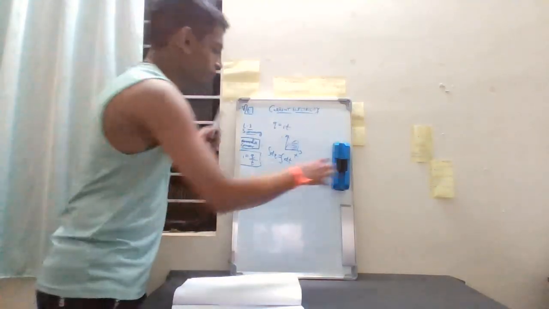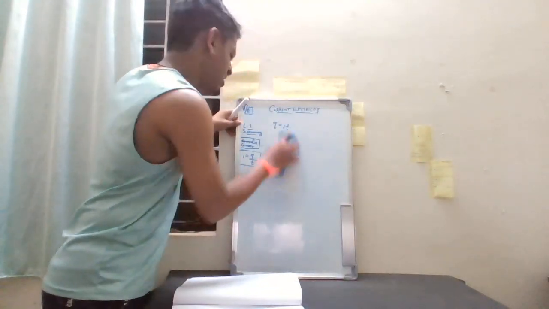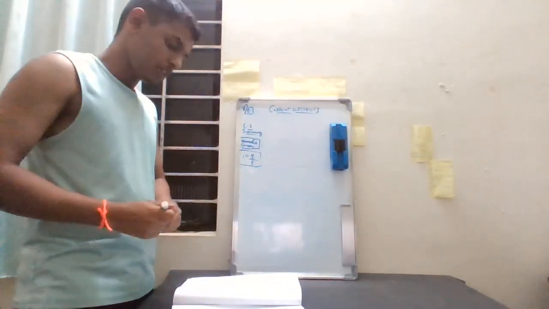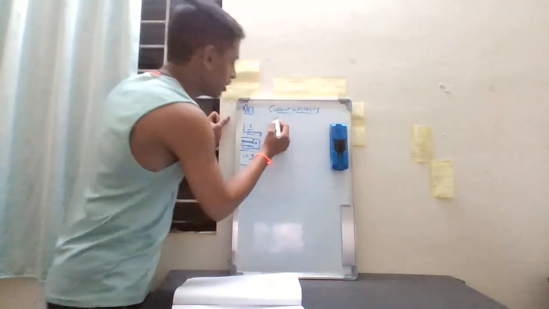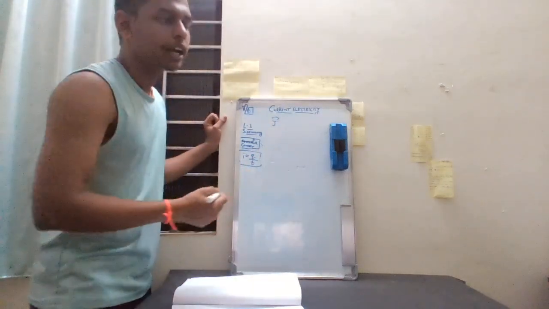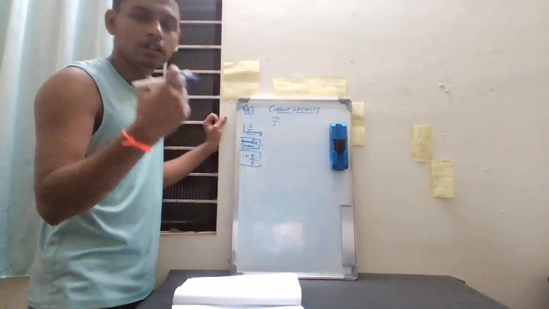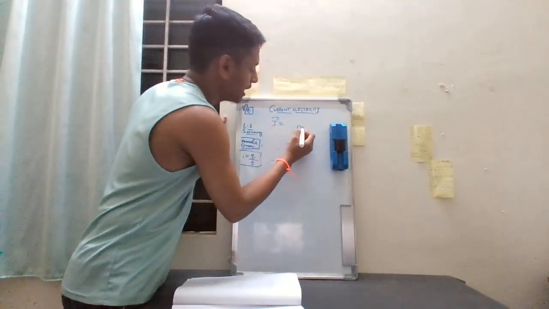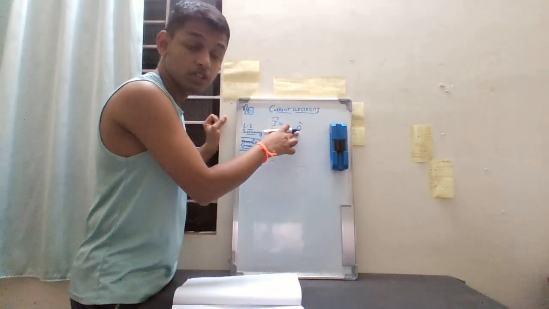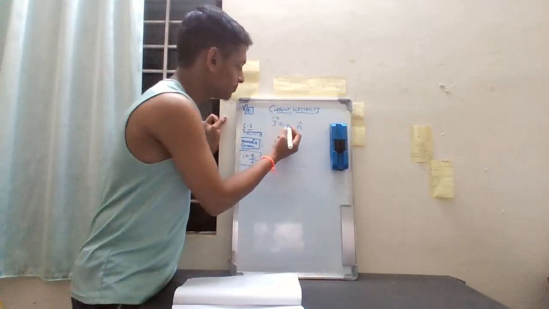Now we have current density. Current density is represented by J vector. It is a vector quantity and it is in the direction of the current, which is n cap. N cap is the unit vector in the direction of the current.